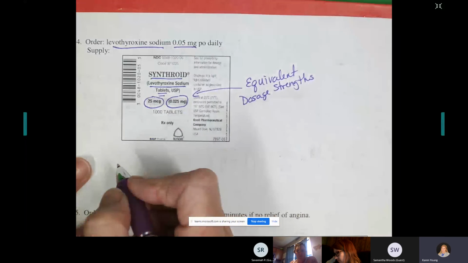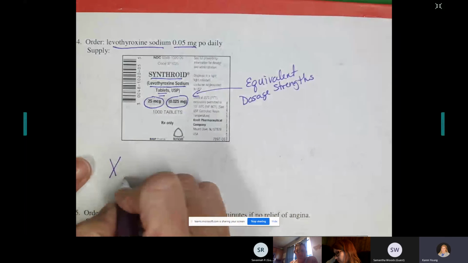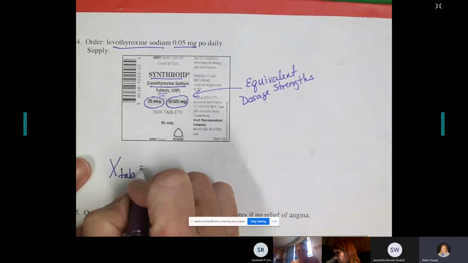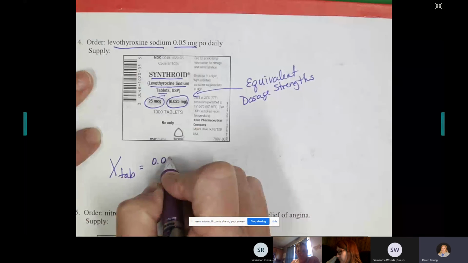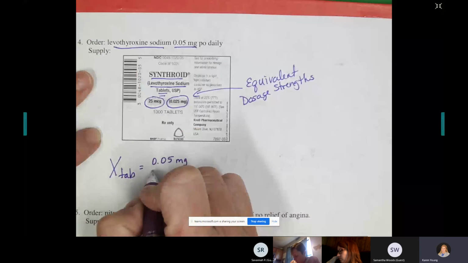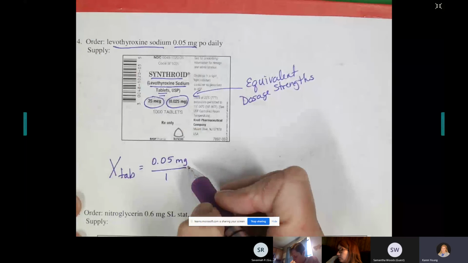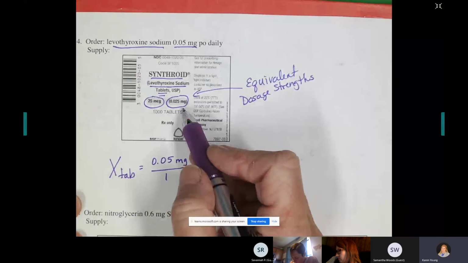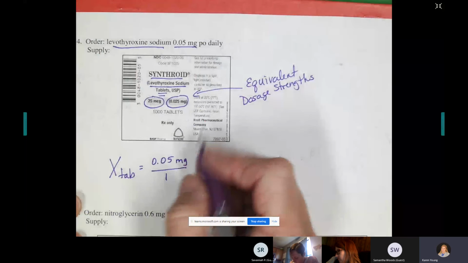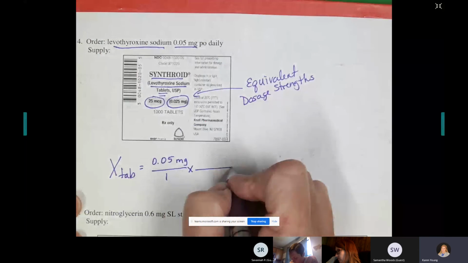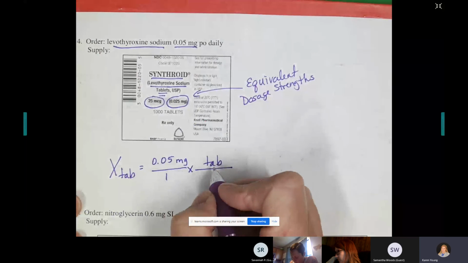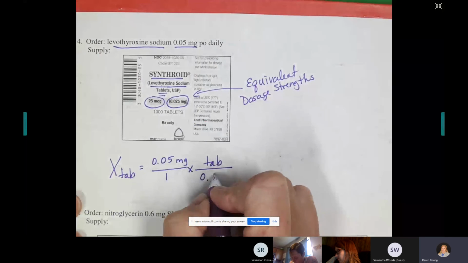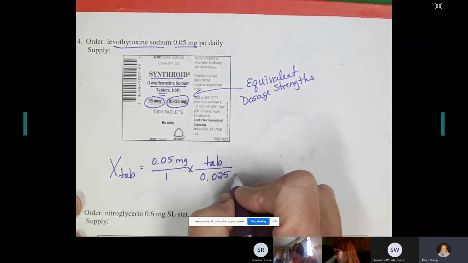I know it's in tablets. My order is 0.05 milligrams. Since my order is in milligrams, and to save a step or two, I'm going to use the milligrams. So my tablet is my form. My dosage strength is 0.025 milligrams. So then my milligrams cancel.